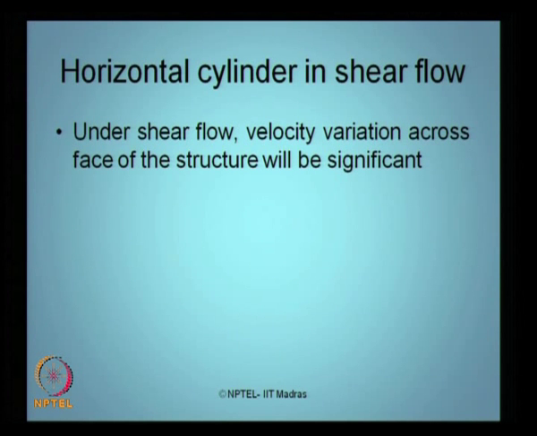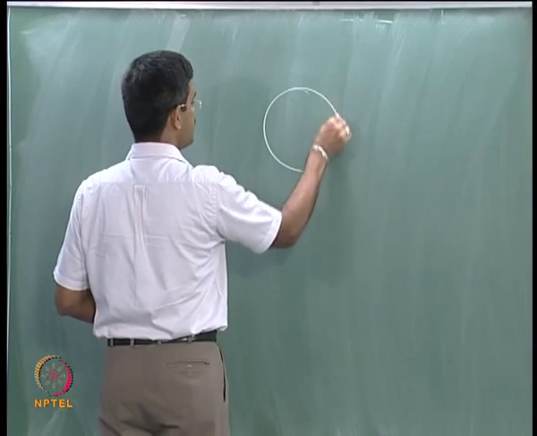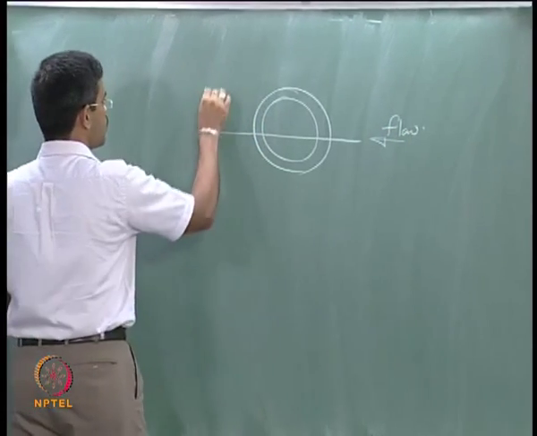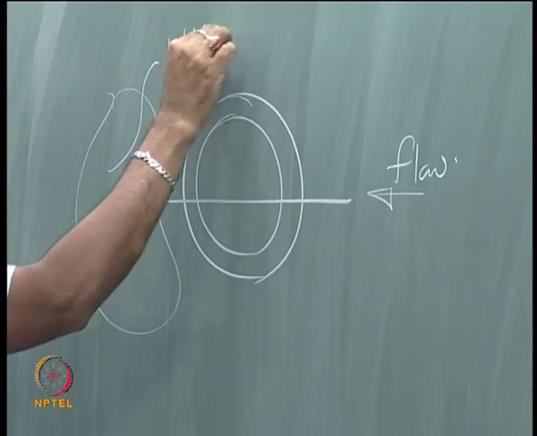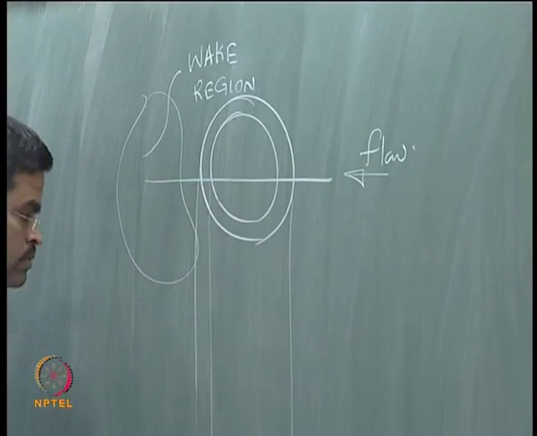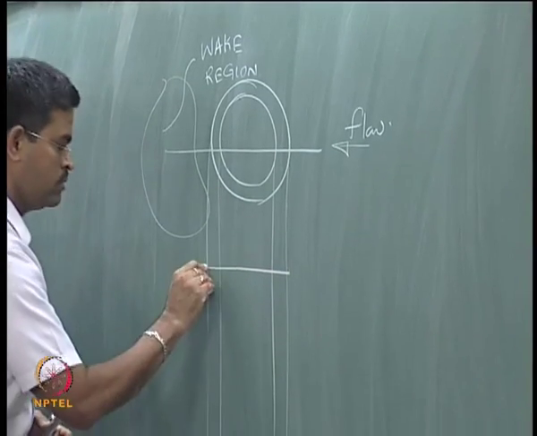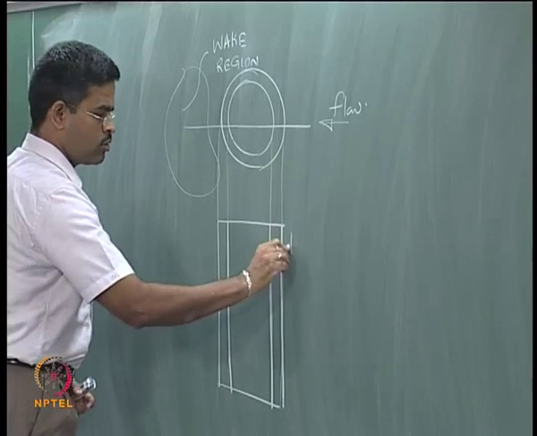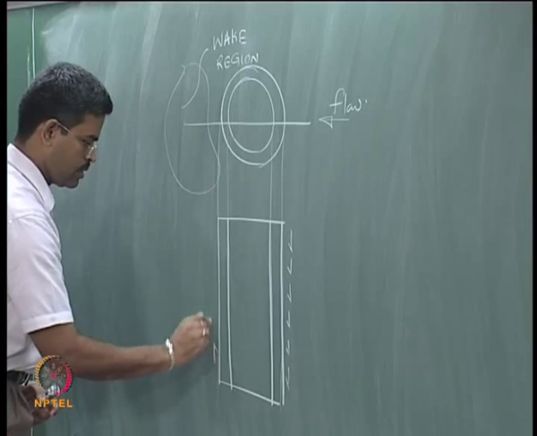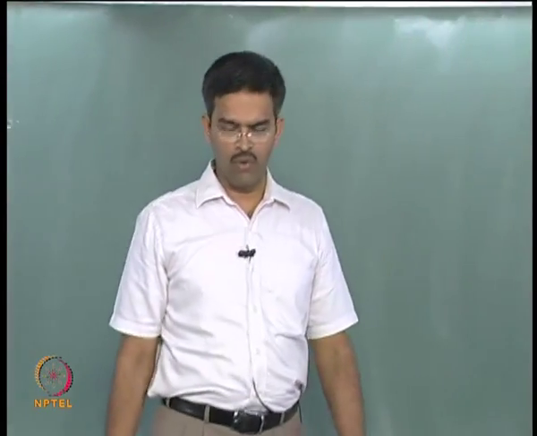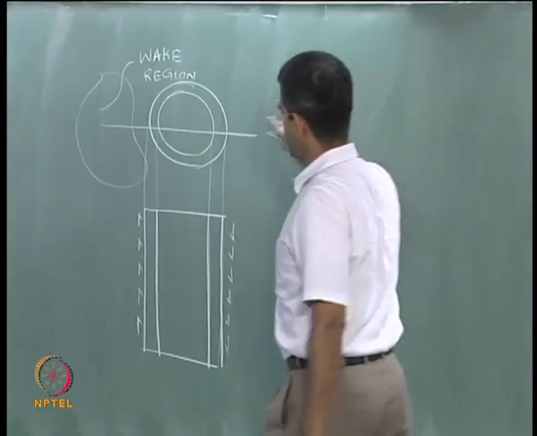If you talk about horizontal cylinders in a shear flow, because we saw vertical cylinders in a shear flow, if you keep a vertical cylinder in a shear flow, if this becomes my flow direction, and this is what I call the wake region, you will see there is going to be a downward flow here and an upward flow here near the wake region, as long as the cylinder remains vertical in a shear flow, because the presence of the cylinder in a fluid medium actually shears the flow.